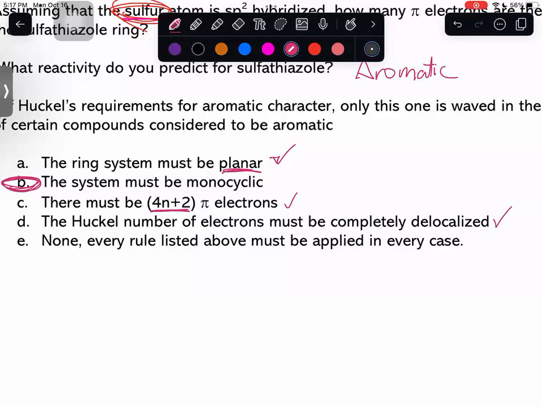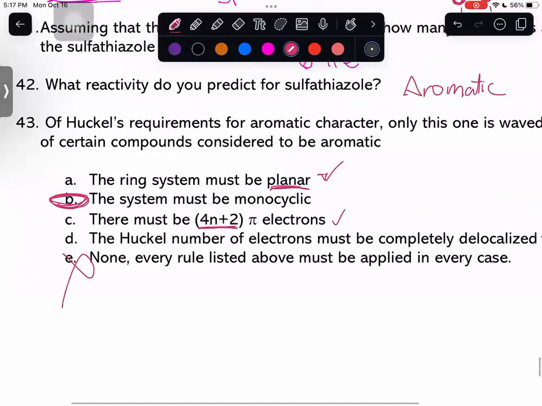And then option E just says none of the above. So this one, monocyclic. We know that one of the requirements for aromatic is that it is cyclic. Now, that can be 2 rings, that can be 3 rings. It's not always going to be only one singular ring. Mono just means one.